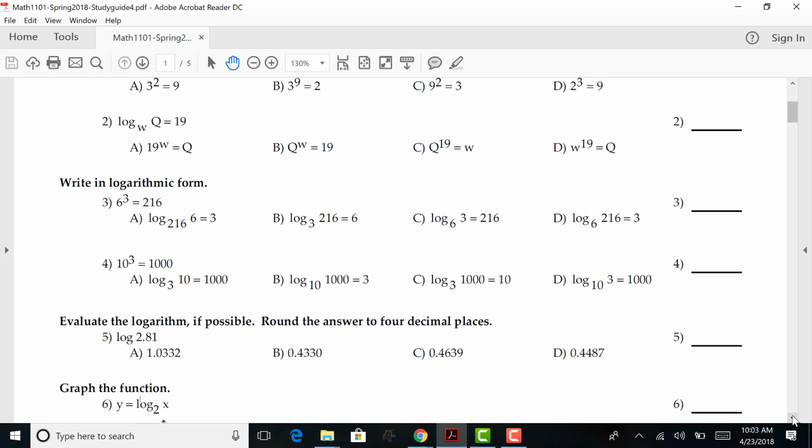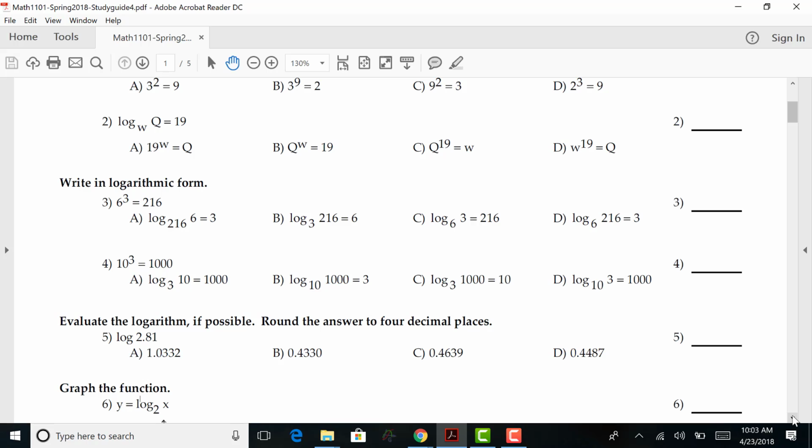So I've got 6 to the 3 power equals 216. Where do I put my dot? Under the 6, which is called the base. So dot under the 6, draw your circle to the arrow to the 216, and then the last arrow to the 3.